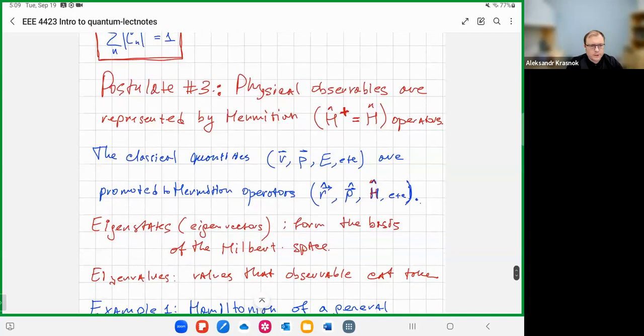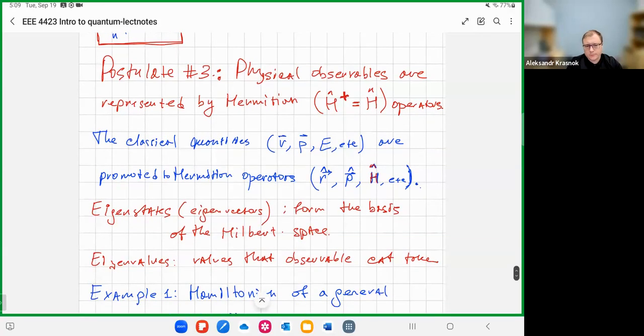Then postulate number 3: physical observables are represented by Hermitian operators. Why Hermitian? Because Hermitian operators have real-valued eigenvalues. Since physical observables are real numbers, Hermitian operators are the right operators to represent physical observables.